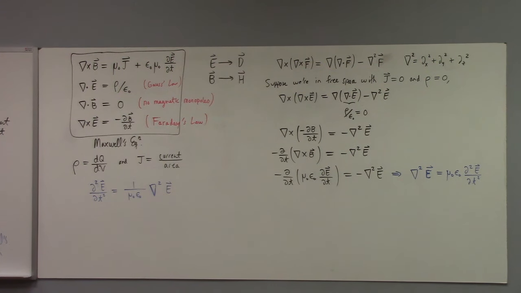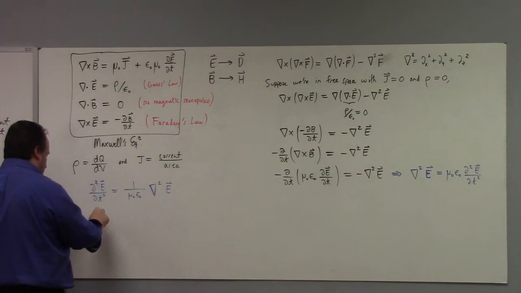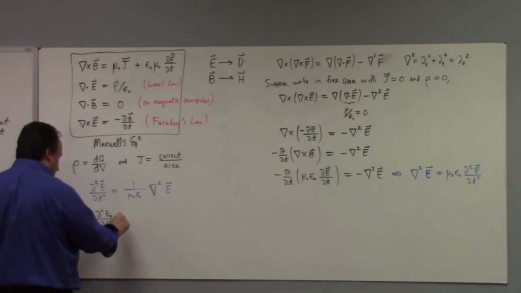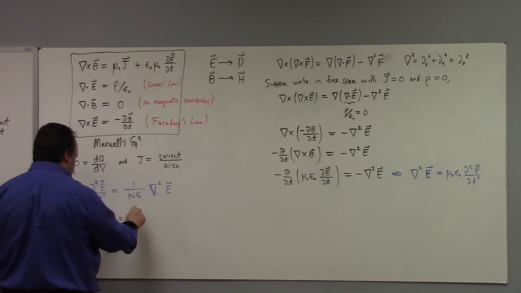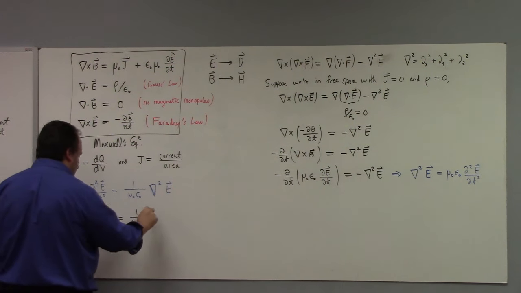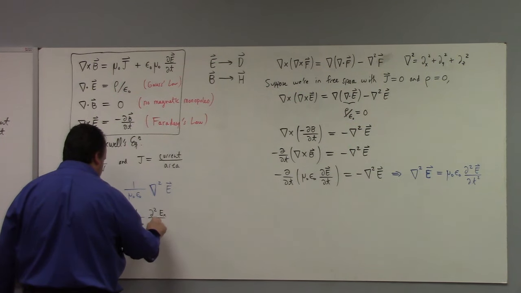So if we're in one dimension, this looks like partial squared E_x partial t squared equals 1 over mu naught epsilon naught partial squared E_x partial x squared.